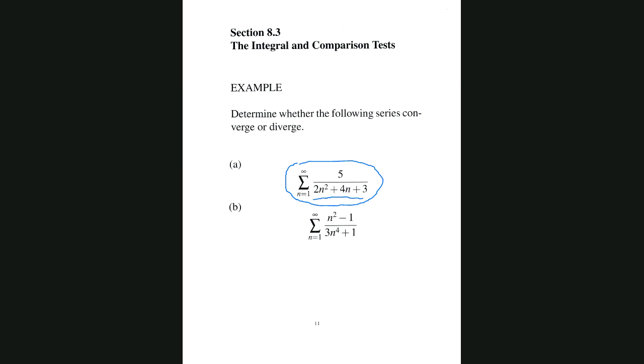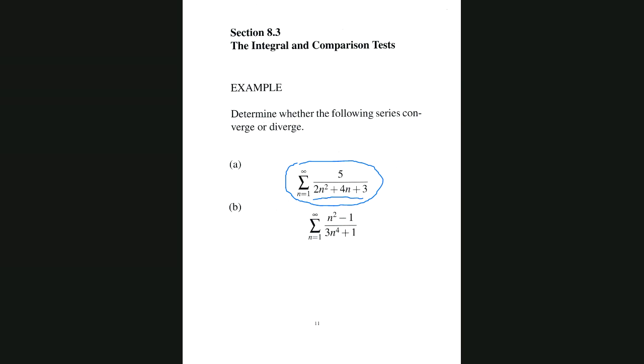That's right, Tyreek and John, thank you. The 2n squared. So again, when we're trying to see if a series converges or diverges, what we care about is the eventual behavior of the series as n gets large.